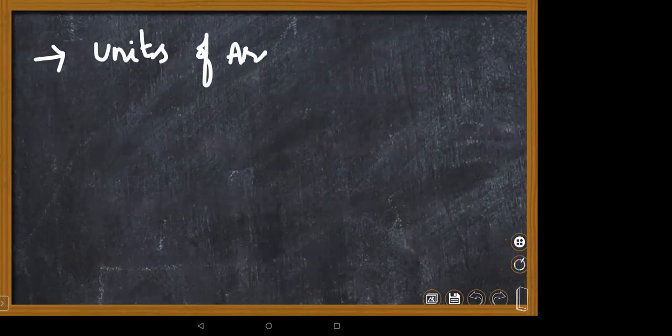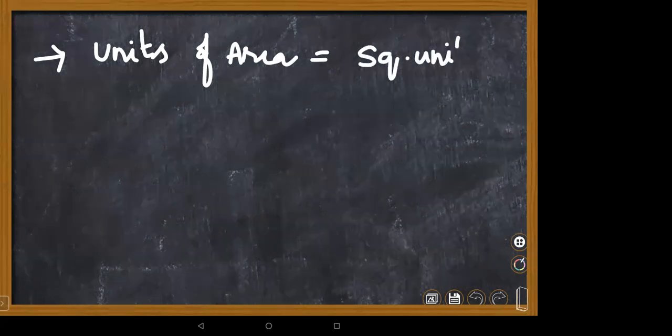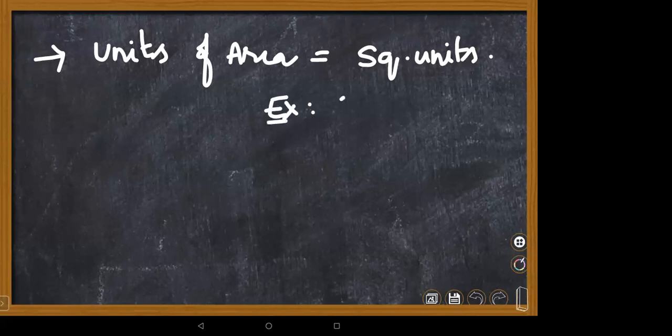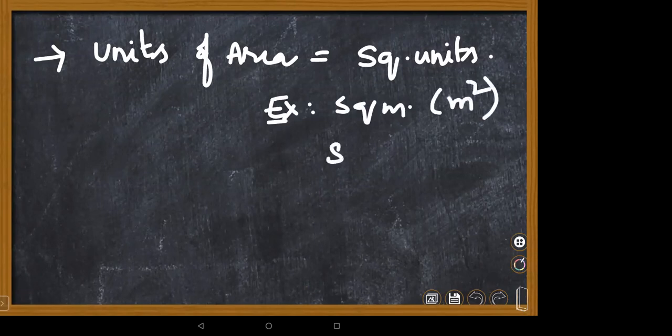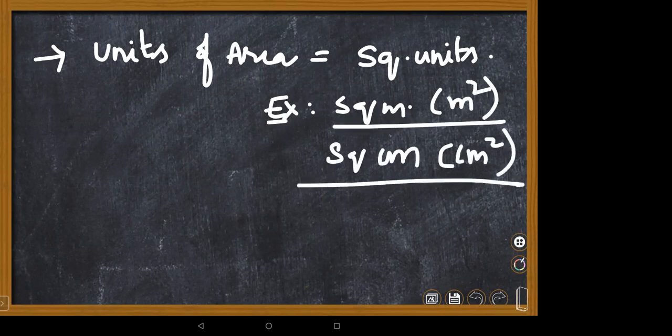Ma'am, it will be square units. Very good. Square meter, square centimeter, square kilometer, square hectare. Square meters can be written as meters square too. Square centimeters can be written as centimeters square. Both are same, children.